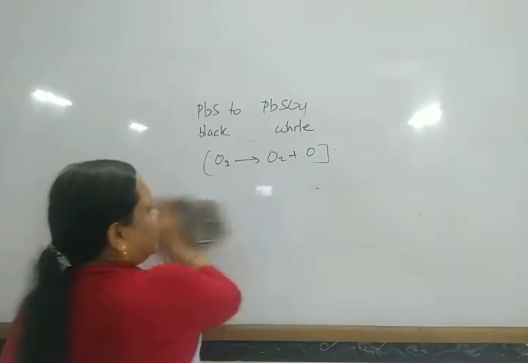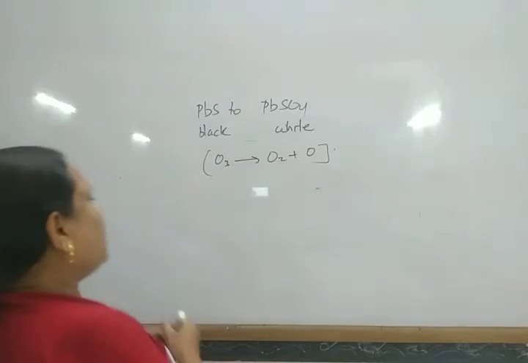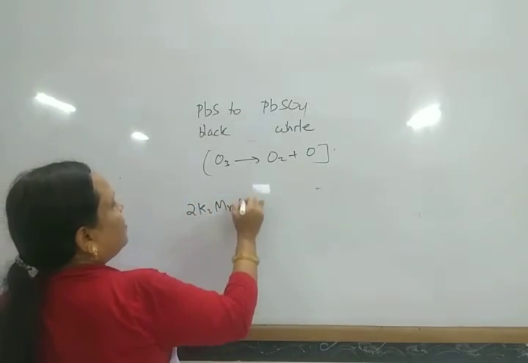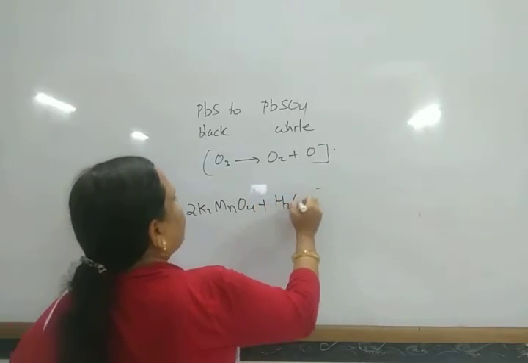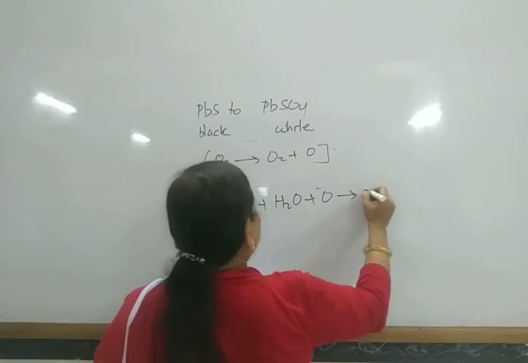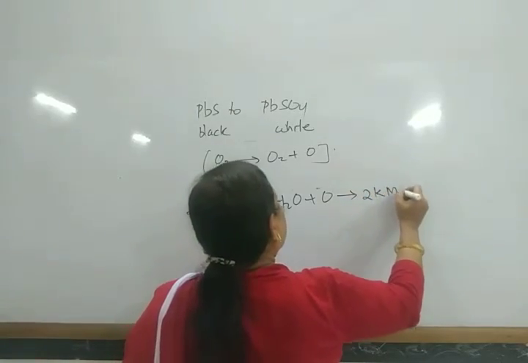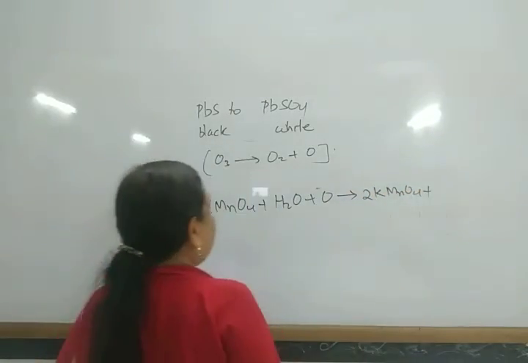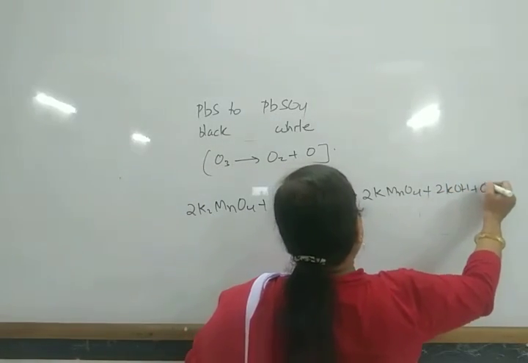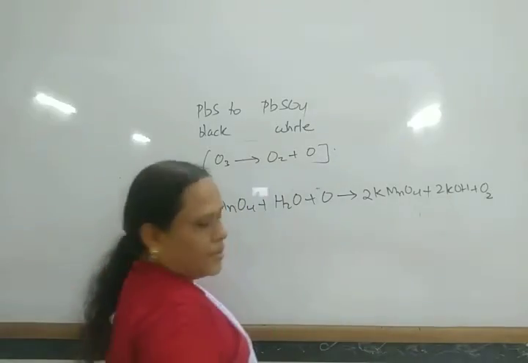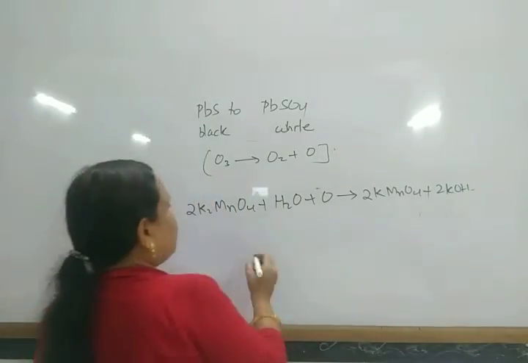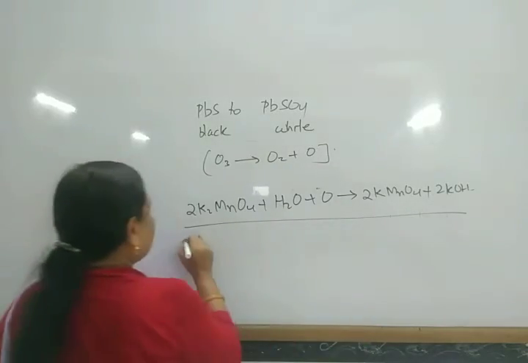In the same way, the equation is 2K2MnO4 plus H2O plus O give rise to 2KMnO4 plus 2KOH. Okay, so in this way, this is the reaction.